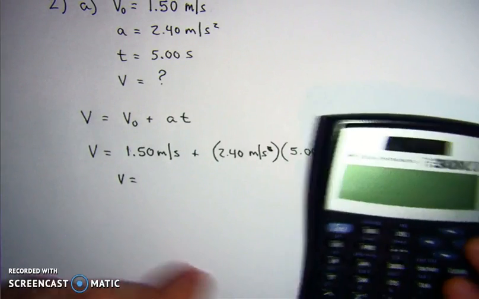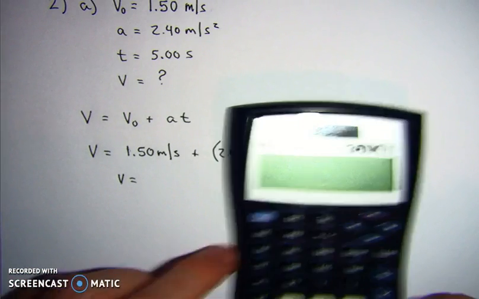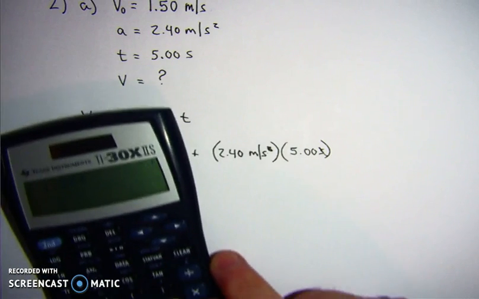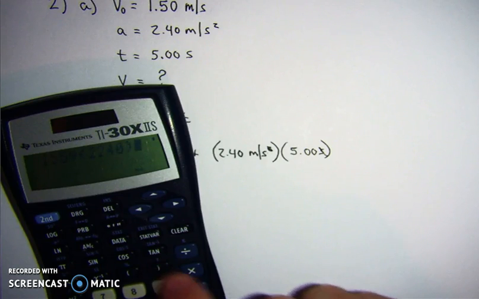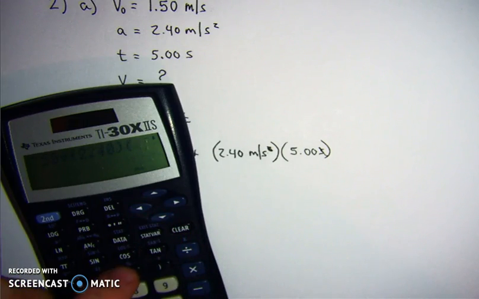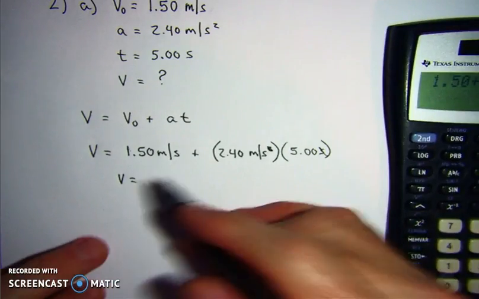We have 1.50 plus 2.4 times 5. Oops, I am fumbling through the keys tonight. Okay, 13.5 is our final answer.